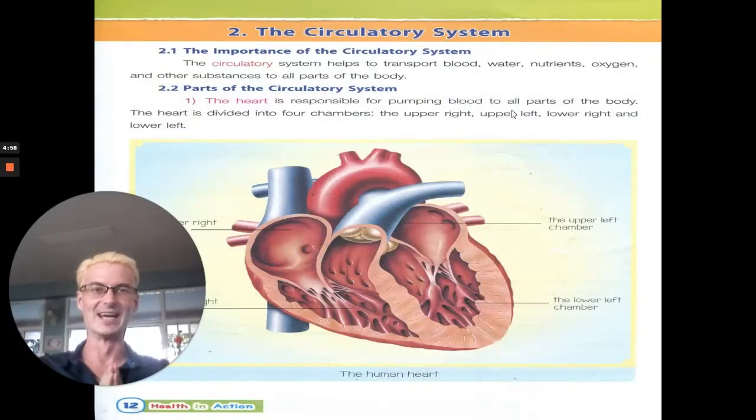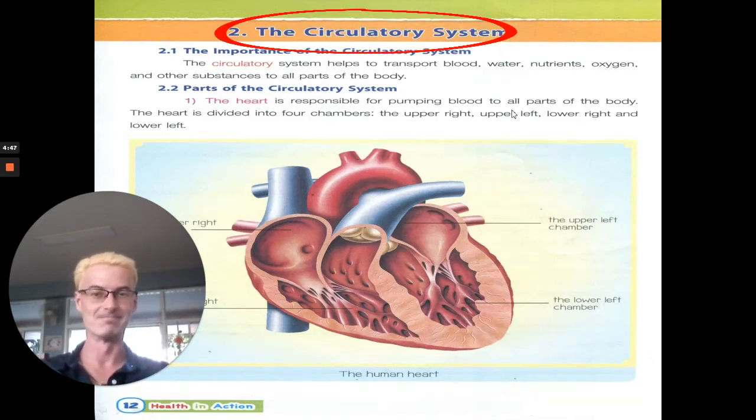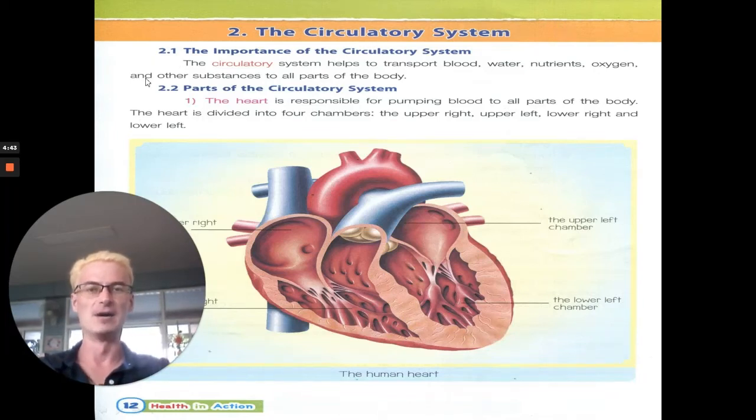So guys, let's get started with our new lesson. The topic of our new lesson is the circulatory system. But first, let's consider the importance of the circulatory system and its main function.